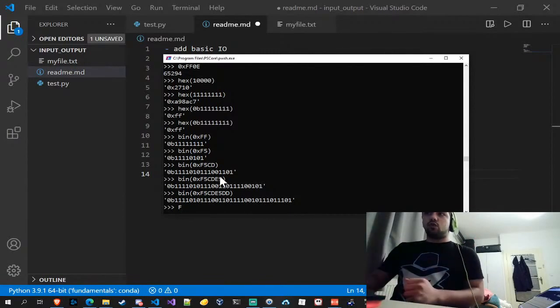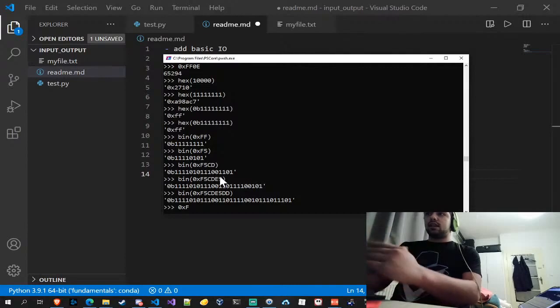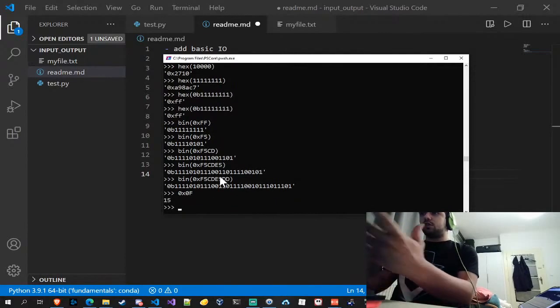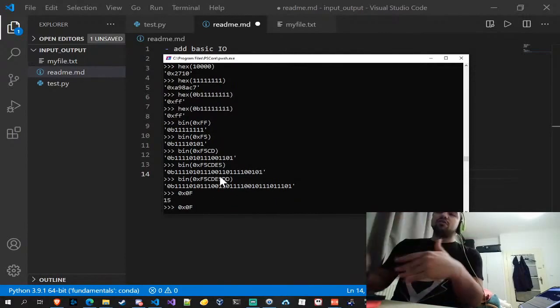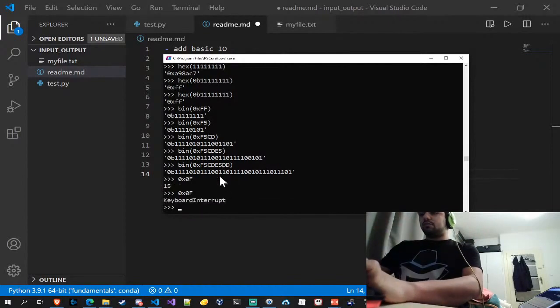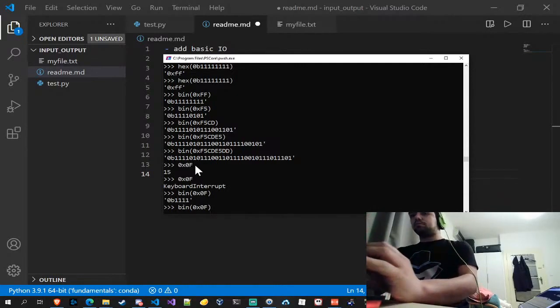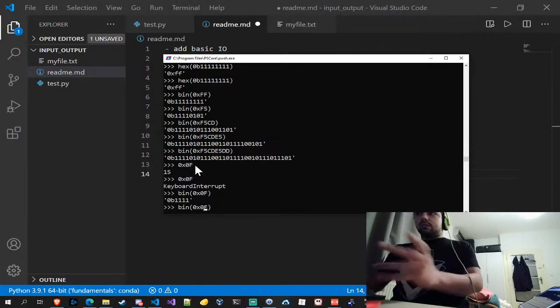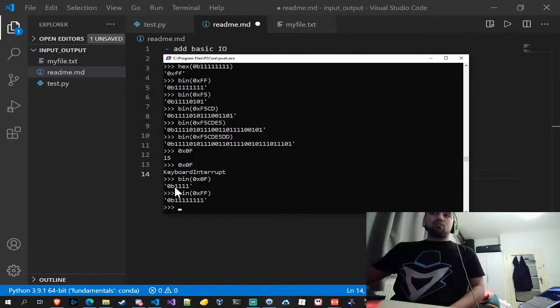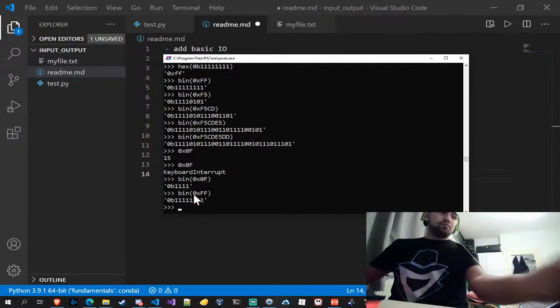So here we have 4 bits. If you have 0f, you can still have a byte if you prepend everything with zeros, right? So if you do, for example, bin of 0x0f, you have 1111, which is 4 bits, right? But the maximum possible representation of 2 characters is a byte.